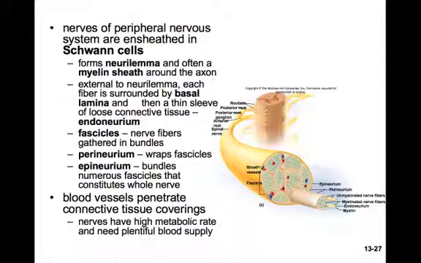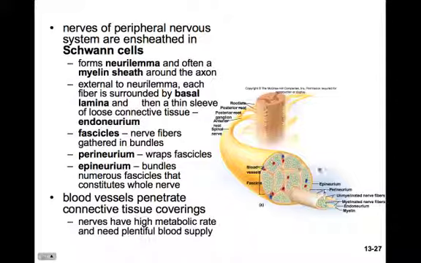Each nerve is then put in a bundle or fascicle, very similar to what we saw in muscle tissue. These fascicles are bundles of nerve fibers. They are wrapped in another membrane that's called perineurium. Peri as in around, neurium the nerve.